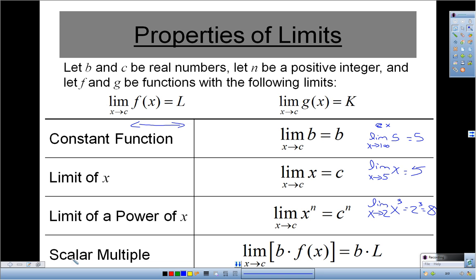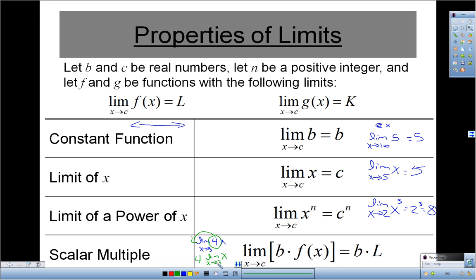And then finally, a scalar is any type of number that's in front of your function. If you have a scalar multiple, like b, you can actually pull or factor out that scalar multiple. So for example, if you wanted to find the limit as x approaches 3 of 4x, then I could pull this 4 out in front, and so that would be 4 times the limit as x approaches 3 of x.